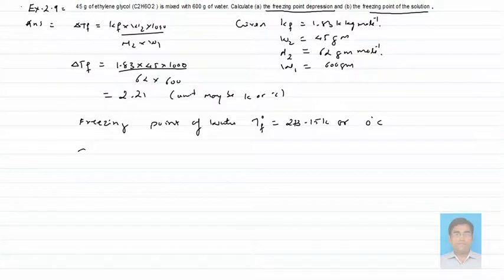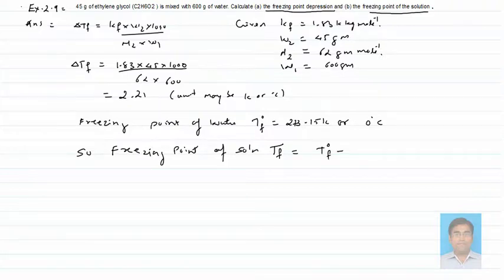So freezing point of solution, here we are denoting it by TF, equals T0F minus delta TF. So we get 273.15 minus 2.21. Answer will be 270.94.